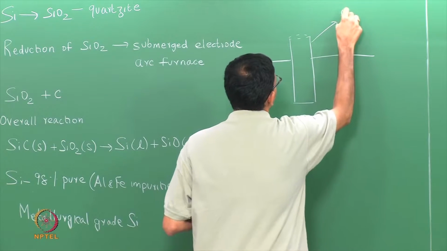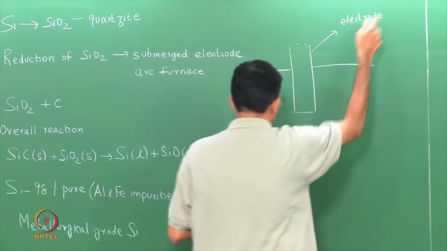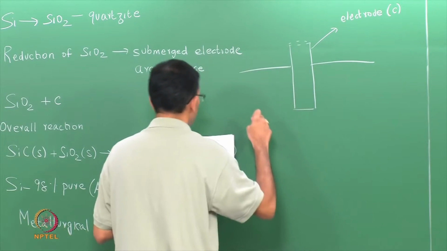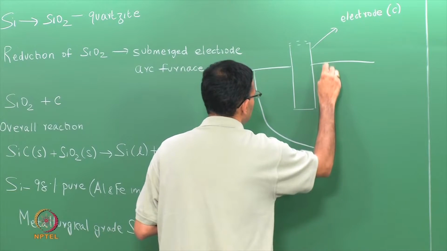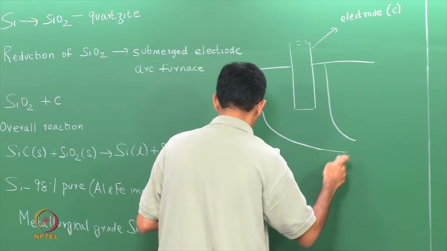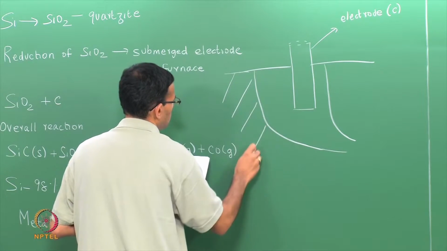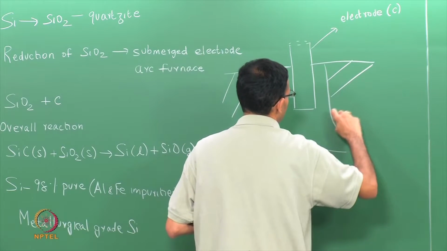So, this is the electrode. Electrode is made of carbon. So, the shaded region represents the furnace walls.